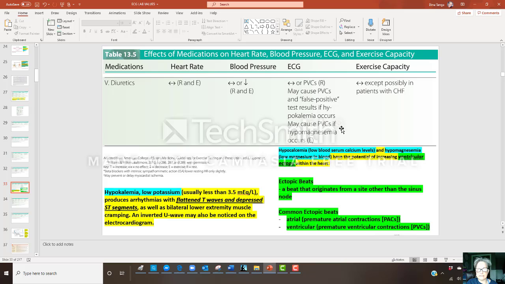May cause PVCs if hypomagnesemia occurs. That's diuretics. There will be no effect on exercise capacity except possibly in patients with CHF.